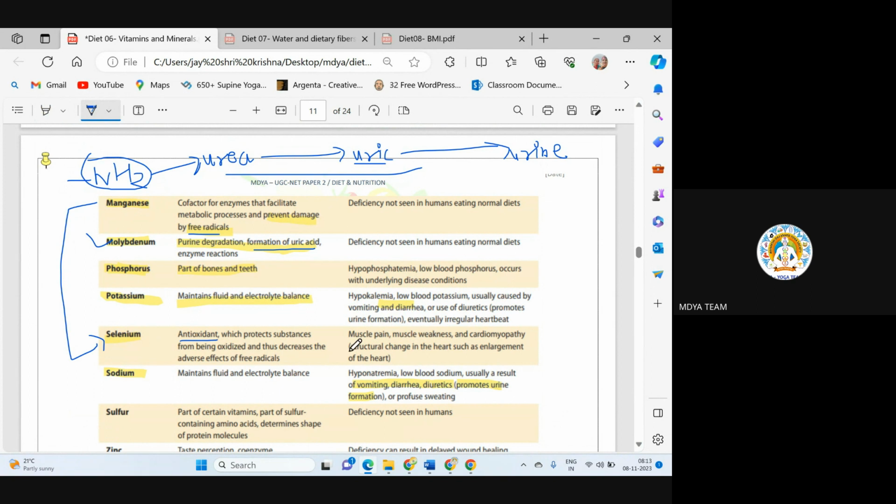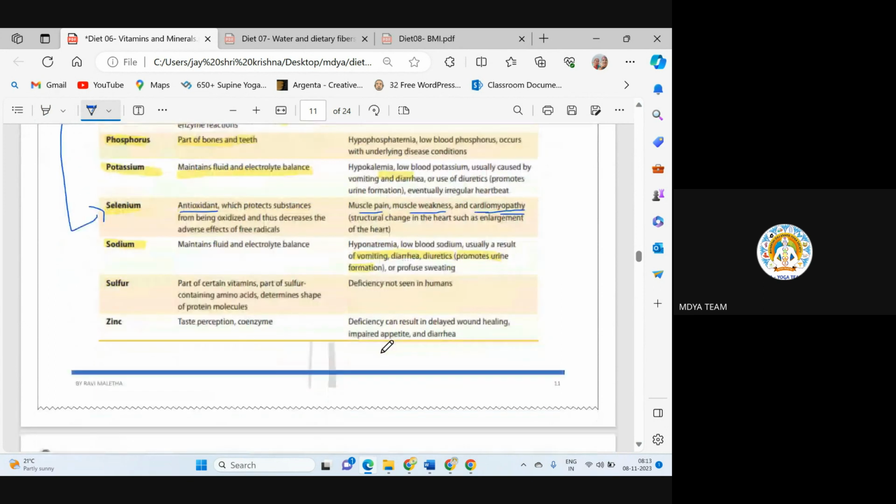So selenium deficiency will lead to muscle pain, muscle weakness, and cardiomyopathy. Cardiomyopathy means cardio means heart, myopathy means something wrong in the muscles. So cardiomyopathy means the muscle of the heart will not act normally. There will be some problem in the muscles of the heart.